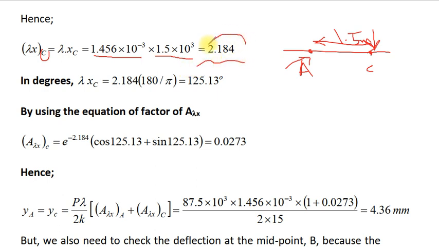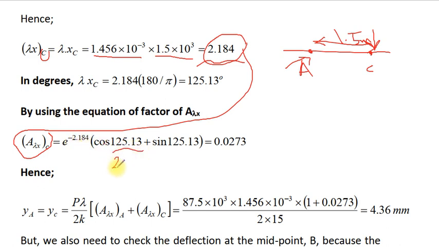Then use this value in the equation of A lambda x, equal to e to the minus lambda x, times cosine lambda x plus sine lambda x. Here you can use this value directly: e to the minus 2.184, and cosine 2.184 plus sine 2.184.